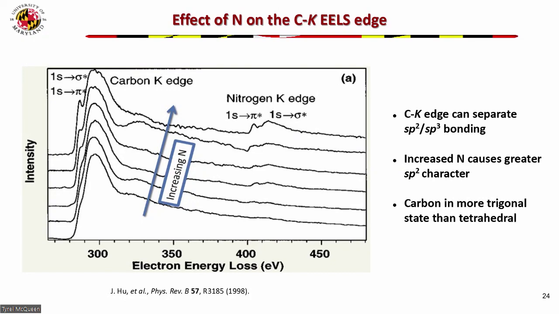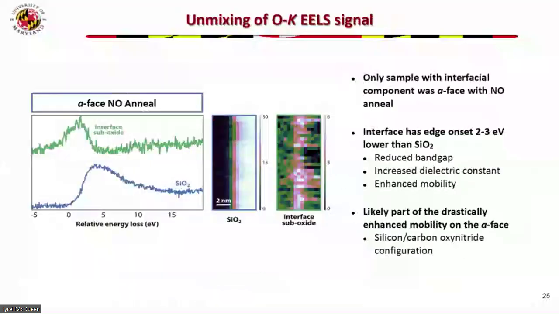In the EELS spectrum, this peak corresponds to a transition from the 1s level to the pi star unoccupied orbital. And this corresponds to the transition from the 1s to the sigma star orbital. So you can see it becomes more sp2 kind of bonding with increasing nitrogen. So we think that's also what's happening in these materials, in the silicon carbide.